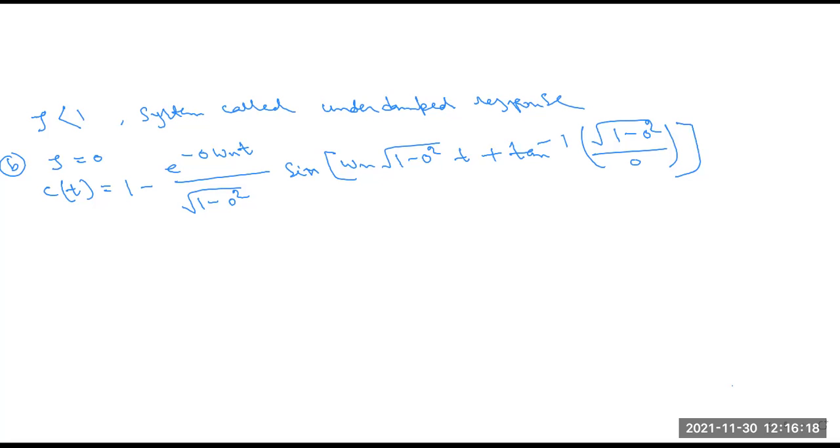This term is very important for your MCQ purpose. When zeta is less than 1, it is called an underdamped response or system, and when zeta is 0, it is called undamped oscillations. Is this clear to all of you? Yes, sir. Okay.